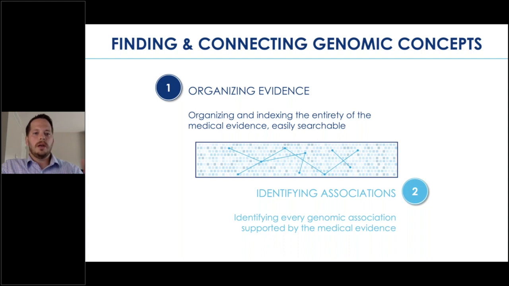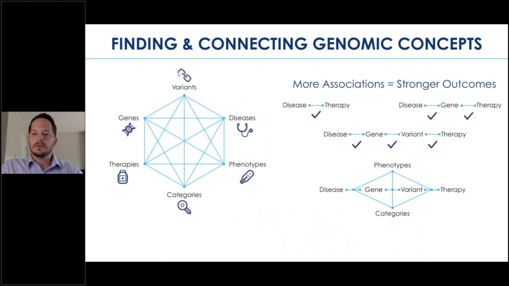So not only do we understand where all of these terms appear in the content that we index, but we also bring them together for you based on the nature of your searches. So organizing that evidence, annotating it, and then identifying those associations de novo, very comprehensively across all of the empirical evidence, is what Mastermind specializes in and the value that we bring to our users.